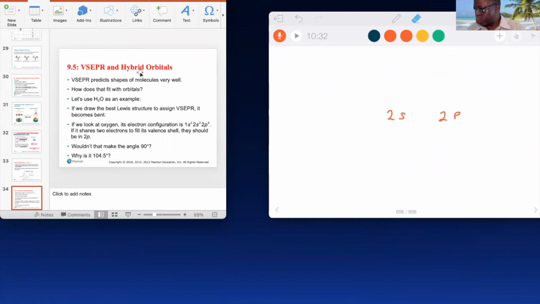We have used the 2p here, 1, 2, 3. We call all of them sp3 hybrid orbitals. We have mixed them.